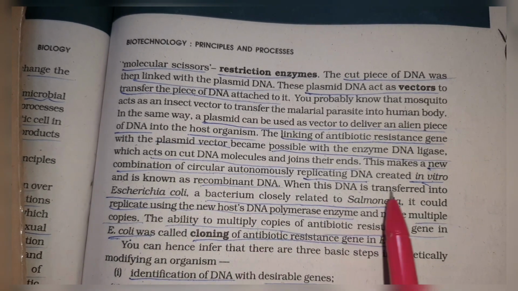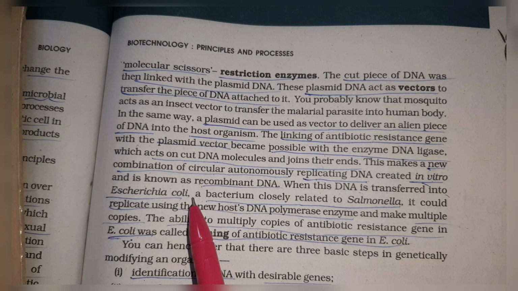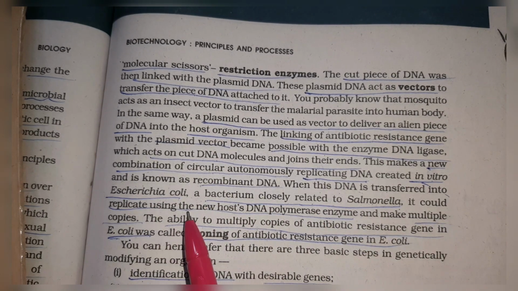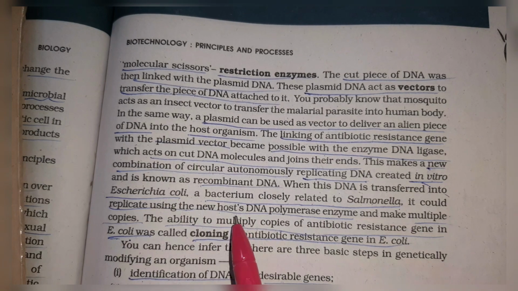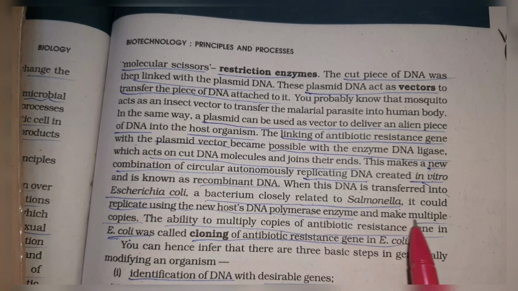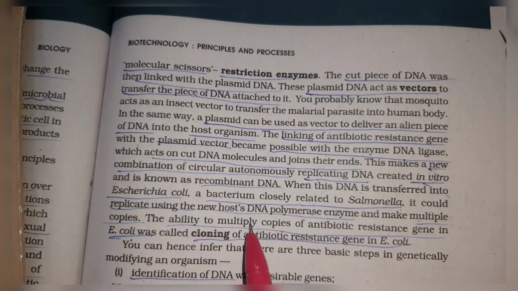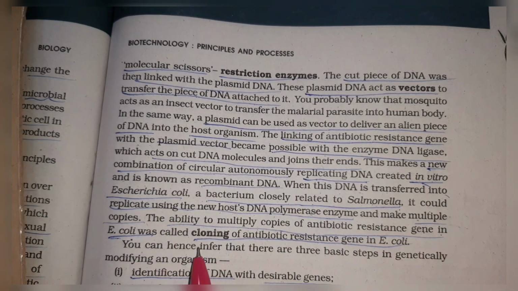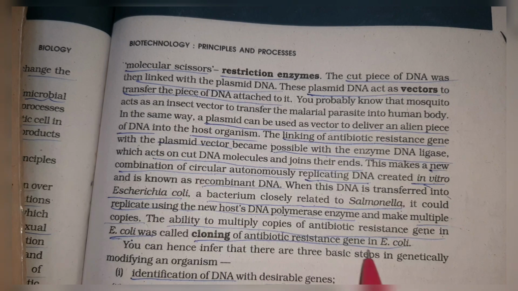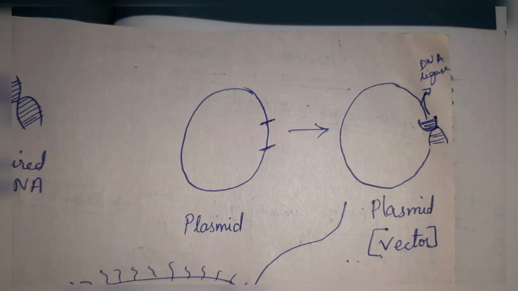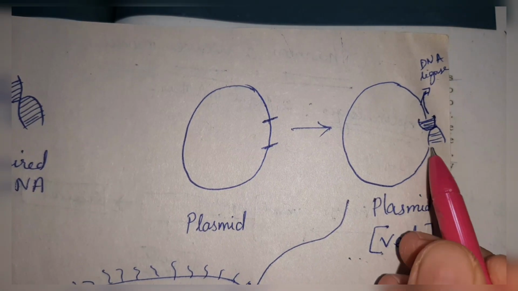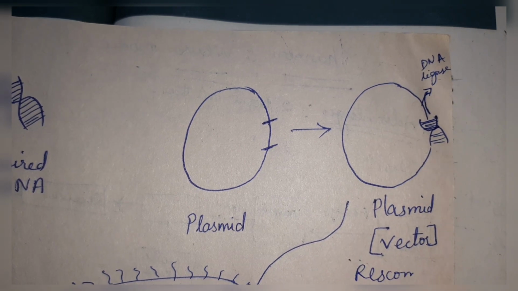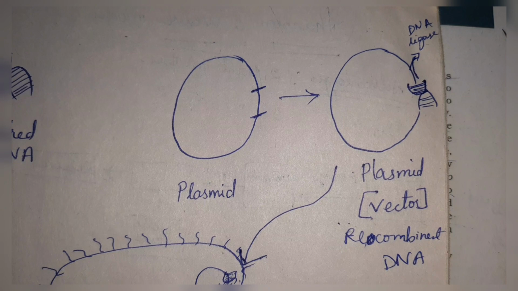When this DNA is transferred into Escherichia coli, a bacterium closely related to Salmonella, it could replicate using the new host's DNA polymerase enzyme and make multiple copies. The ability to multiply copies of the antibiotic resistance gene in E. coli was called cloning of the antibiotic resistance gene in E. coli. Here, after this foreign DNA is incorporated into the plasmid, we call this recombinant DNA.